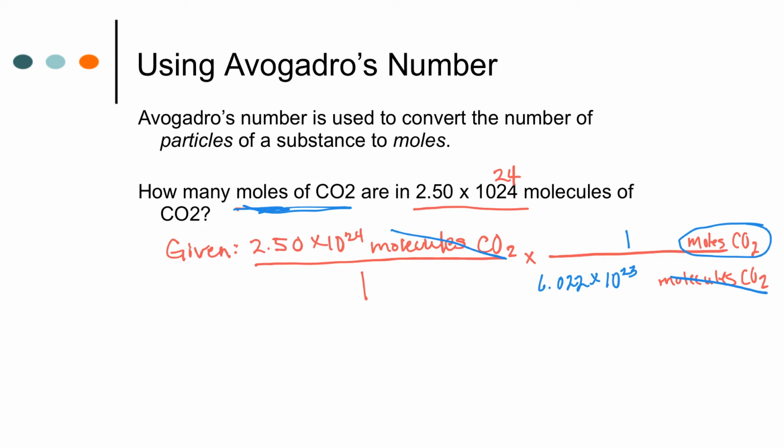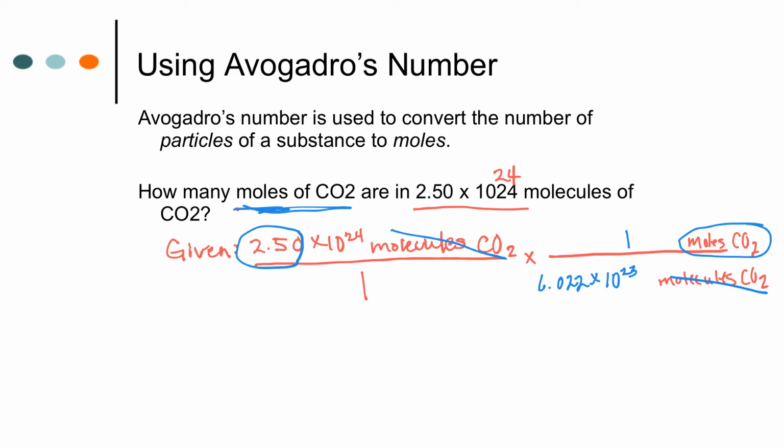And so let's just go ahead and do the math. 2.50 times 10 to the 24th divided by 6.02 times 10 to the 23rd, sorry. So we can divide this part first. 2.5 divided by 6.02.